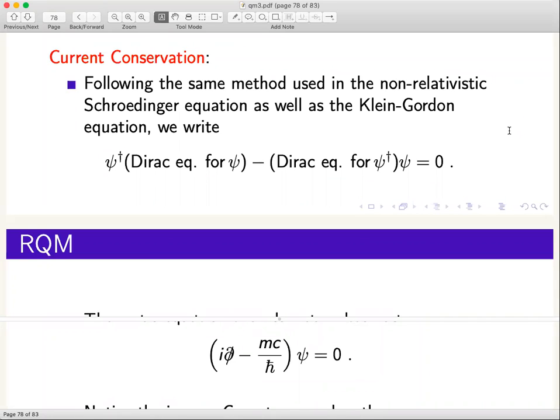These Pauli matrices naturally appear in the Dirac equation, embedded inside the gamma matrices. So it is not like you put them in by hand. They are a natural outcome of the consistent equation that you would write down for a spin half particle.